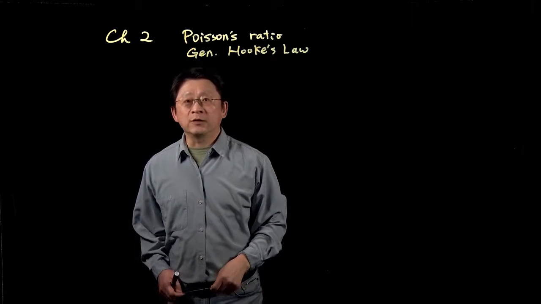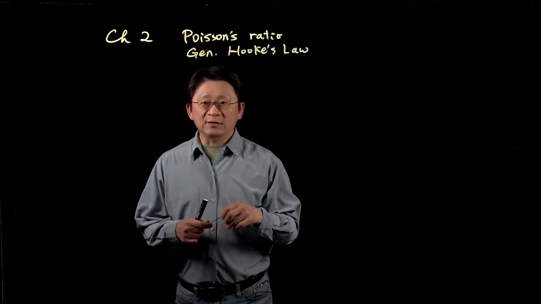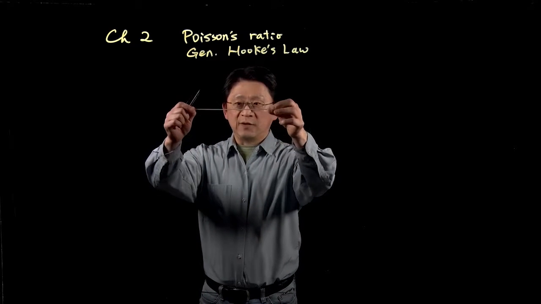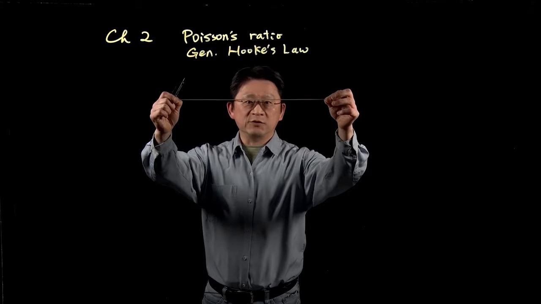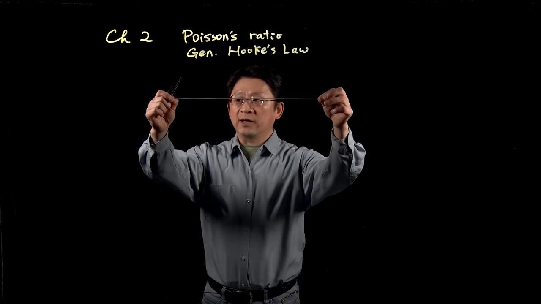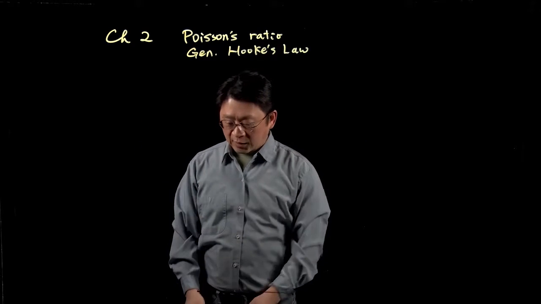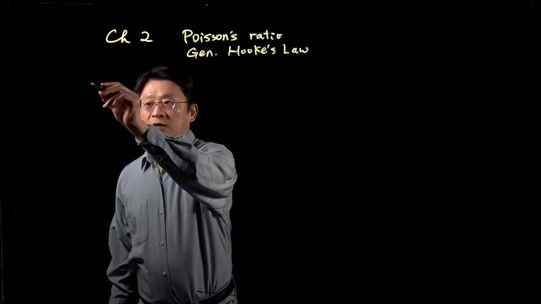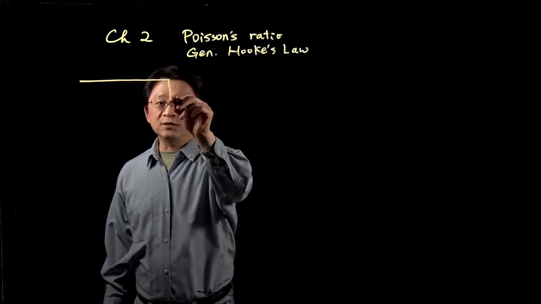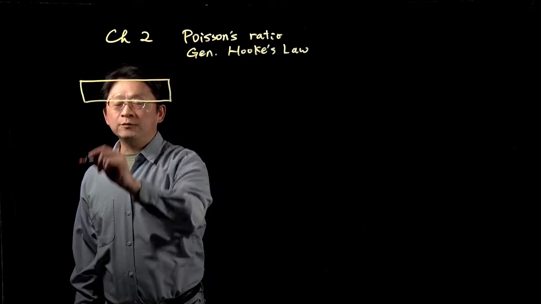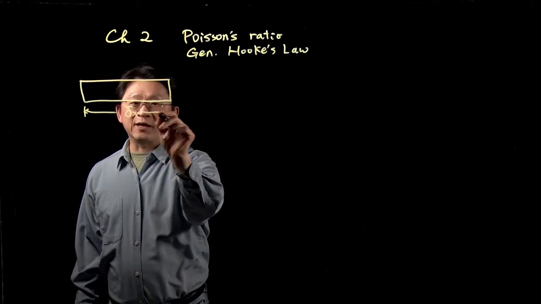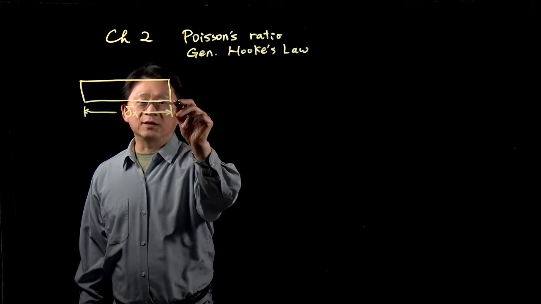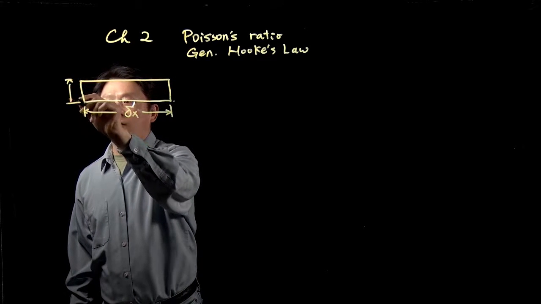What is Poisson Ratio? For any elastic material, if I stretch in the axial longitudinal direction, you can observe the lateral reduction. Graphically, this is the original model, for example. Say I call the dimension in this direction delta x, and the dimension here is delta y.